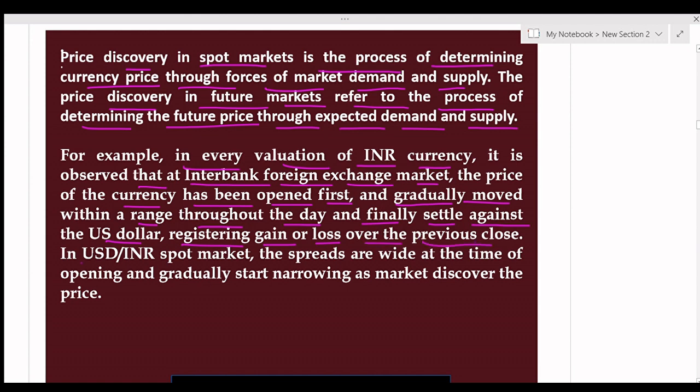In the USD INR spot market, the spreads are wide at the time of opening and gradually start narrowing as the market discovers the price.